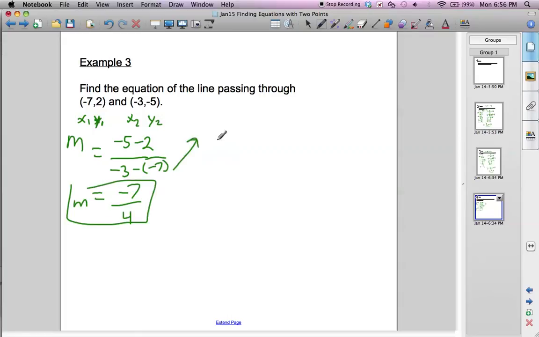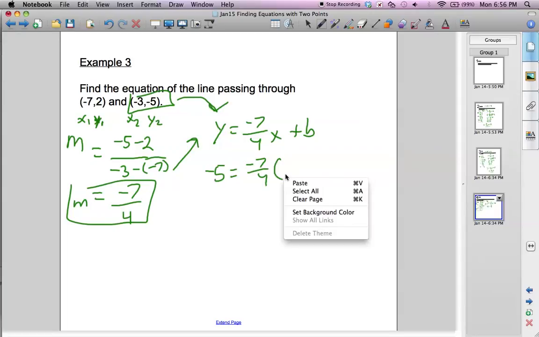We're halfway there. y equals -7/4 x plus b. And then we're going to substitute one of the points into the equation. Either one is pretty difficult in this case. We're going to end up with a lot of fractions. So here the y value is -5, so it's going to be -5 equals -7 out of 4 times -3.